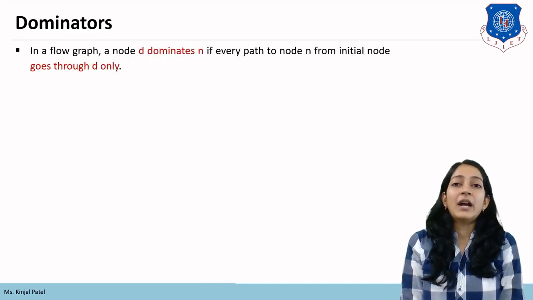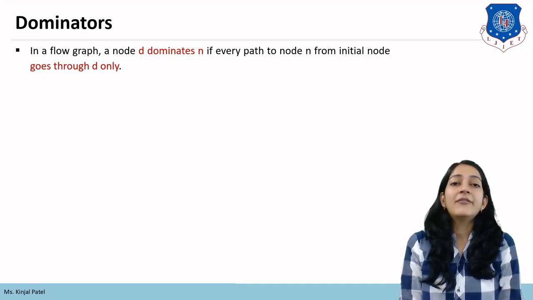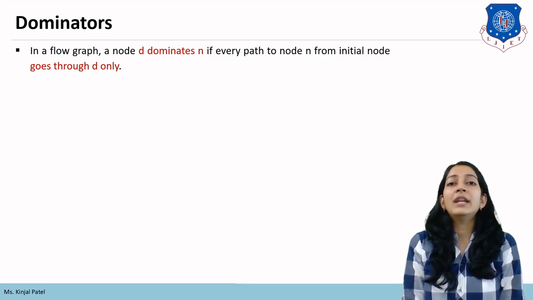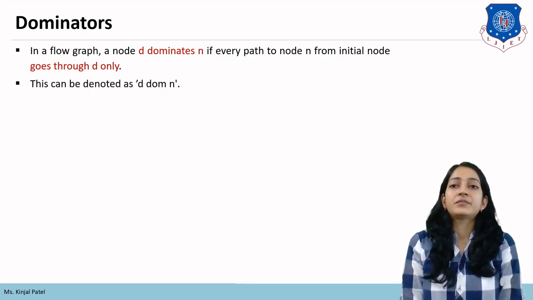In a flow graph, a node D dominates N if every path to node N from the initial node goes through D only. So it should go through D only, then only D will dominate N. Okay, so we can denote this using D dom N.